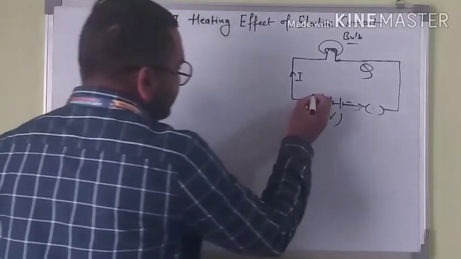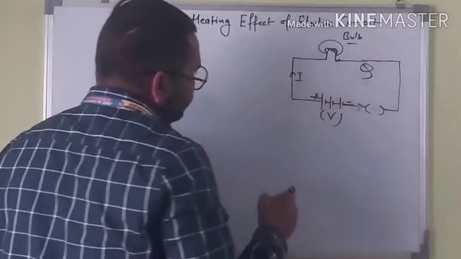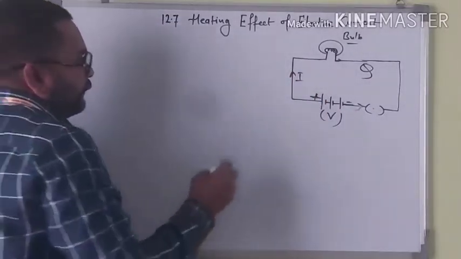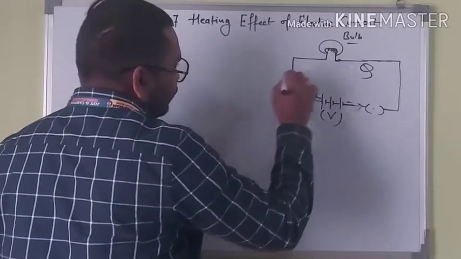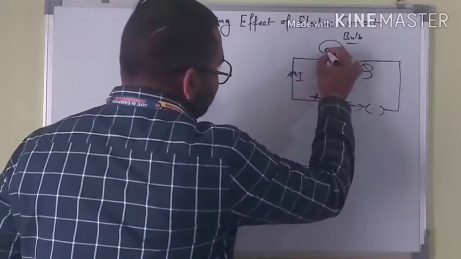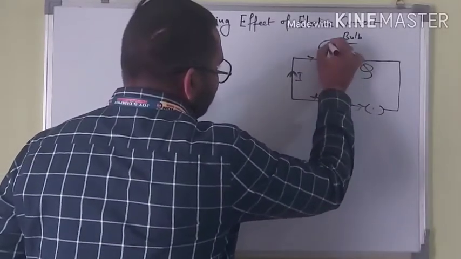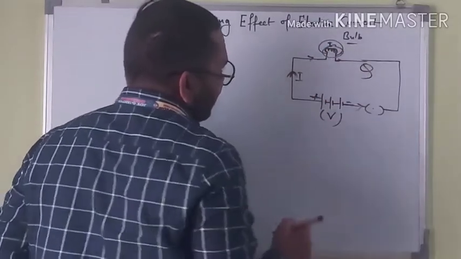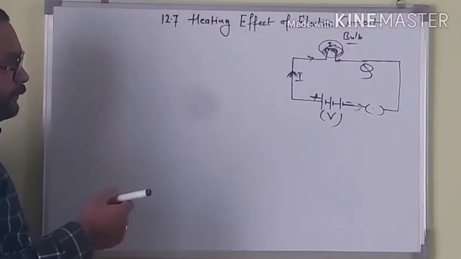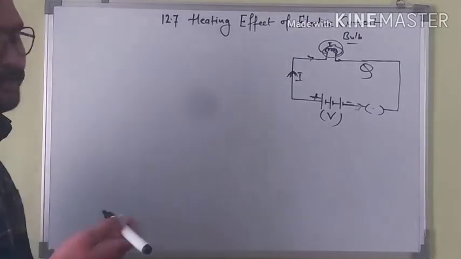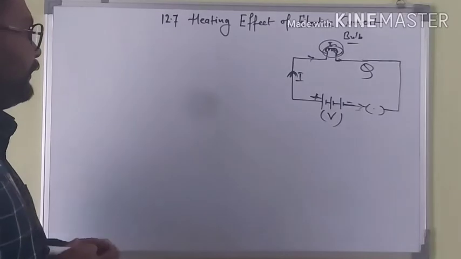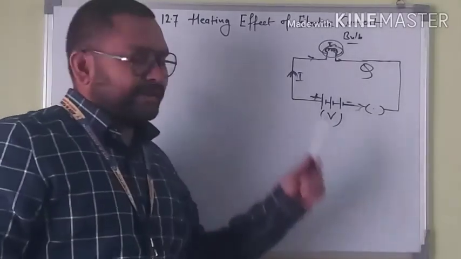When this electric current flows and reaches a place, that place becomes warmer, hot. So this is the heating effect of electric current.